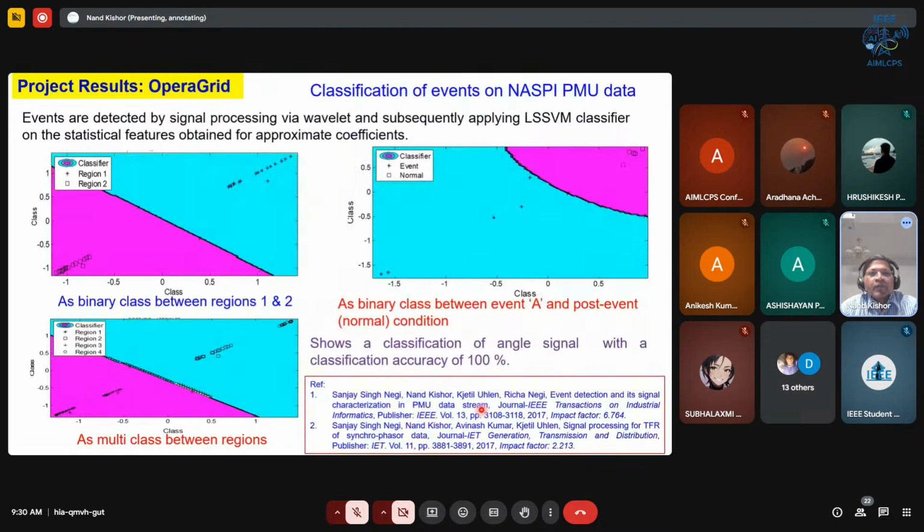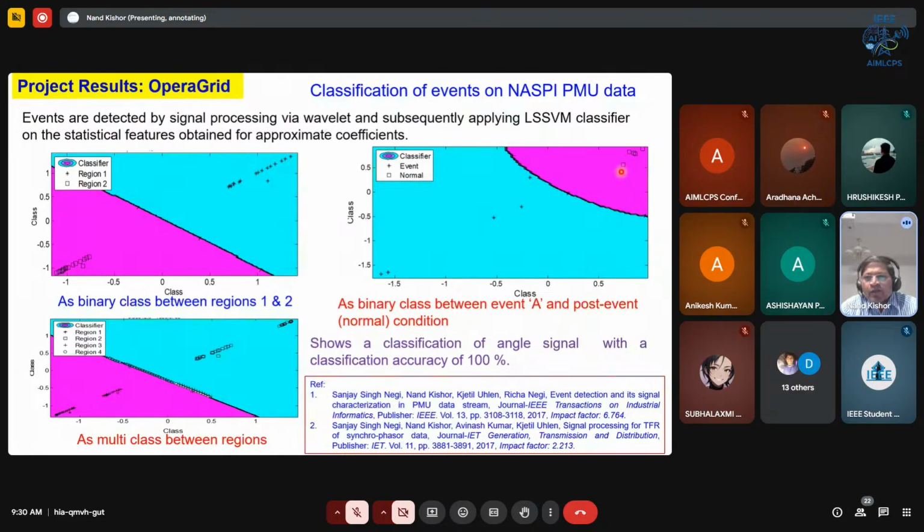Yeah. So here I have just included some of the results. It was about the classification of the events from the NASPI PMU data here. The results are included on the slide. The events from region 1 and region 2 were classified as binary. Here it shows one of the events, which we refer to as event A, from the NASPI data, and that was data corresponding to 2014, I suppose.